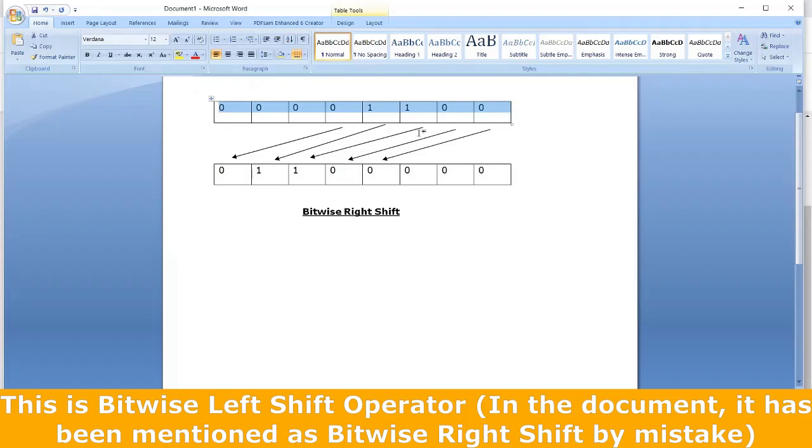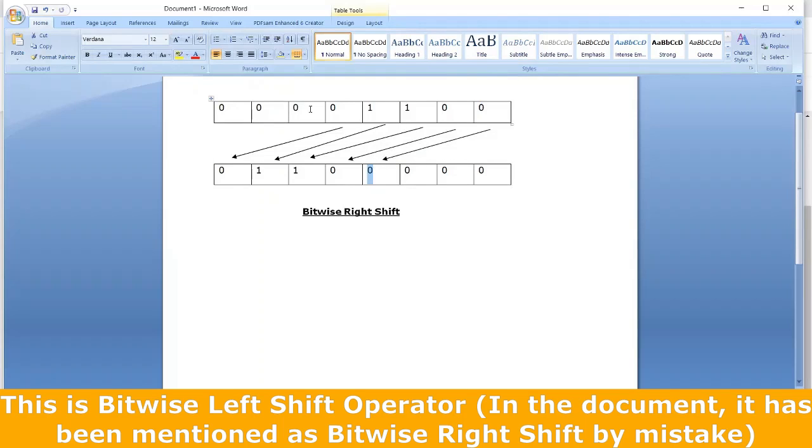Now we are applying the left shift operator on this binary, and we are trying to shift the bits 3 places to the left. So this bit will be shifted here, this bit will be shifted here, this bit will be shifted here, and so on. So the rightmost bit, that is this bit, will be shifted to this place.